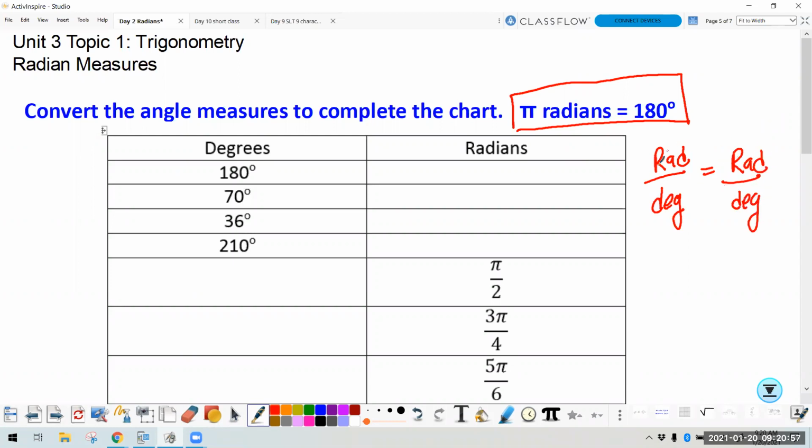If I have these equal ratios, these equal proportions, I will be able to convert regardless of what I'm given. The first setup that we know is that pi radians is 180 degrees. I'm always going to start with that as my initial fraction.